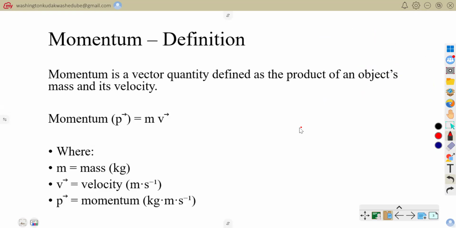So, what is it that I'm saying? I'm saying that momentum is a vector quantity that is defined as the product of an object's mass and its velocity. Momentum is represented by the letter P, and it is given by mass times velocity.